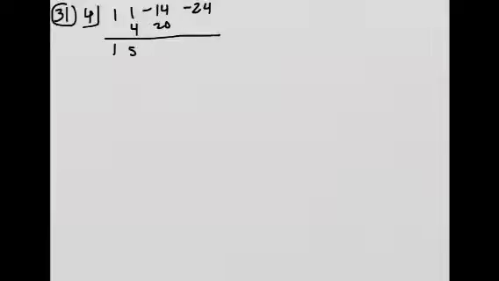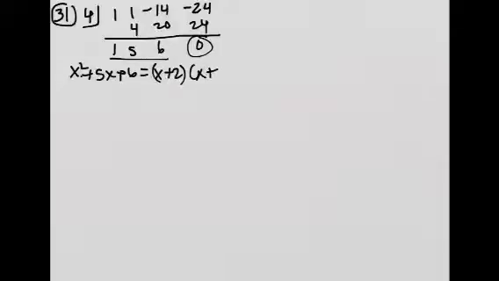And then this gives me 6 times 4, 24. Since we got a 0 here, then I know that yes, x minus 4 is a factor. And these three numbers mean x squared plus 5x plus 6. Factors of 6 that add up to 5 are 2 and 3. So x plus 2, x plus 3.